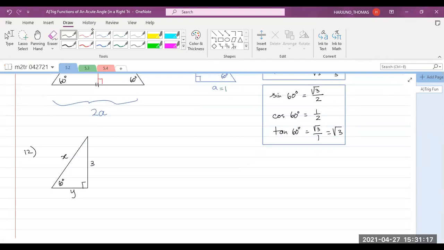Remember the ratio, 60 degrees means the opposite is for radical 3, the adjacent is for 1, and the hypotenuse is for 2. Those are the ratio. In other words, from this side here to go to that side, you multiply by radical 3. And from this side to that side, you multiply by 2. So let me get the y first.